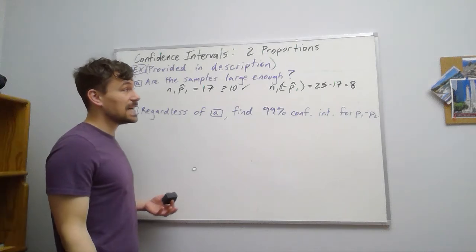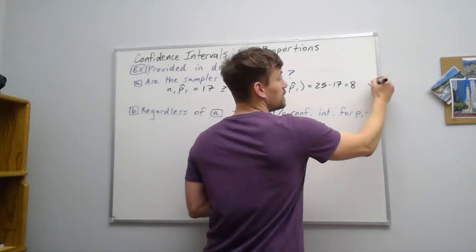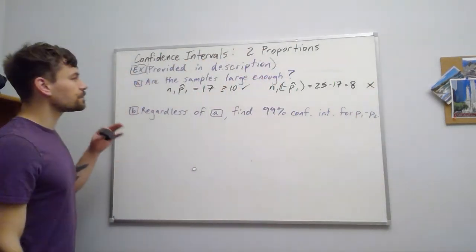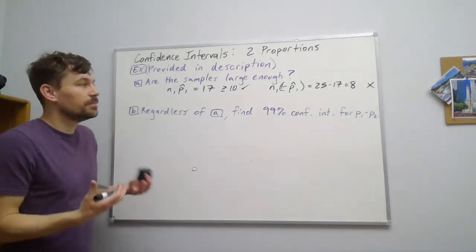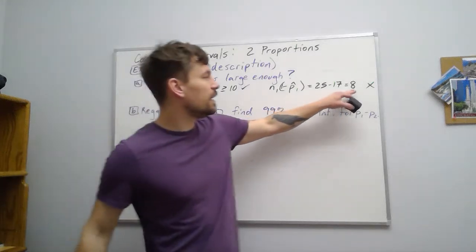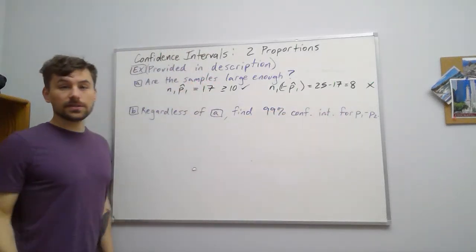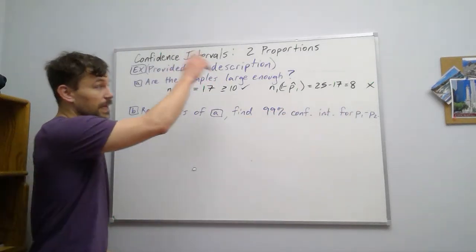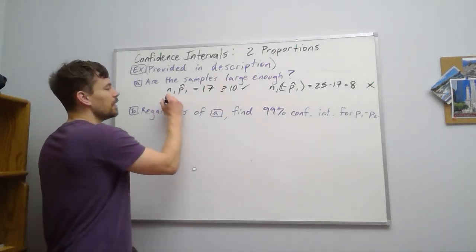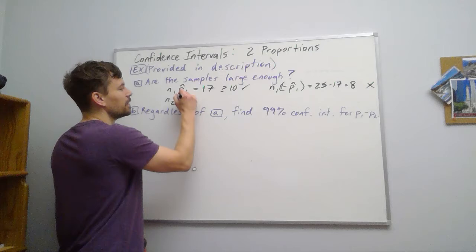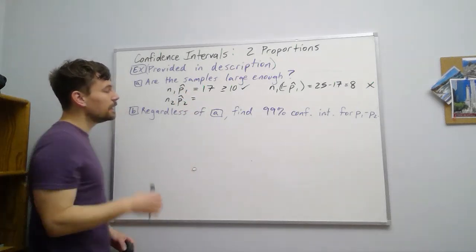Now that's not at least 10, so that's a problem. We could keep going, and I will have us keep going just to be thorough. But even at that stage, we already know our sample one from population one is not quite large enough.